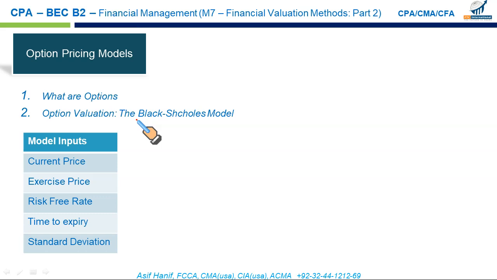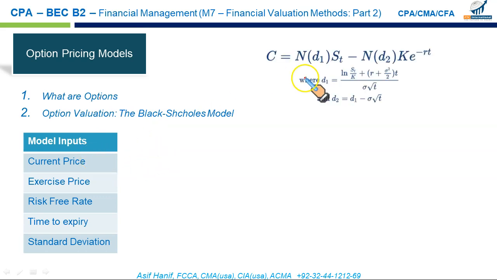As I told you, option valuation is an extremely complex domain. This is clearly beyond the scope of your CMA and CPA syllabus. What you need to know is that there are certain inputs to the Black-Scholes model. This is the actual form of the Black-Scholes model which we use in ACCA and CA, but luckily nothing like that in CMA or CPA. So as I said, we will be just discussing the inputs into the model.